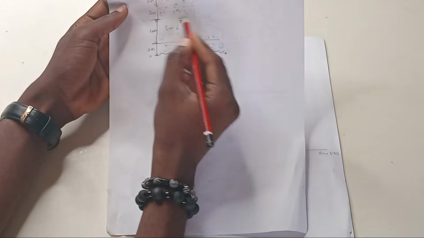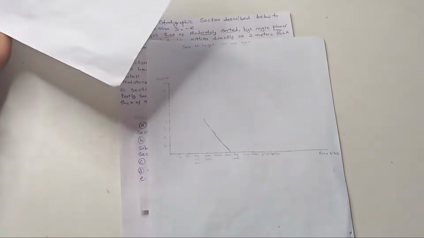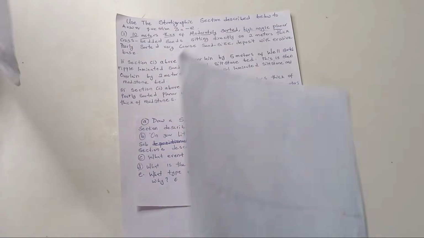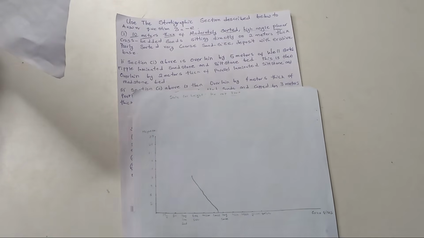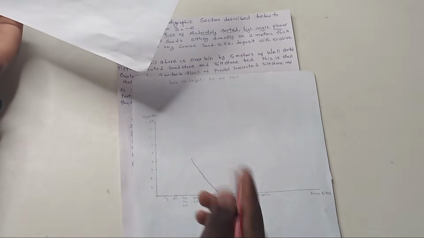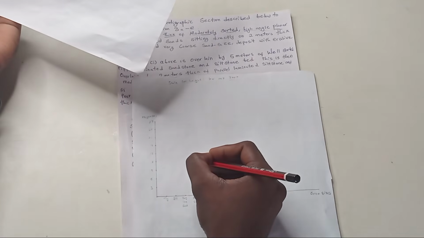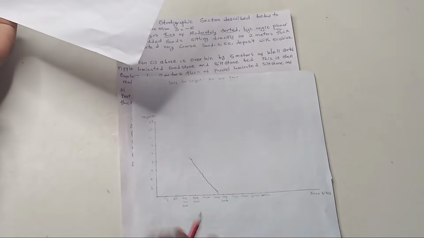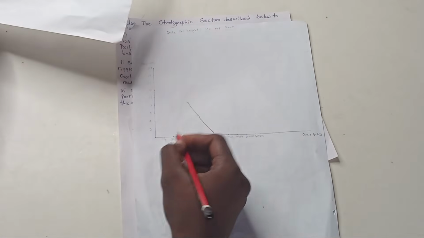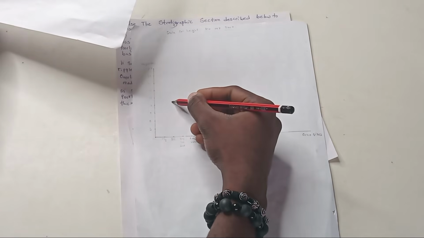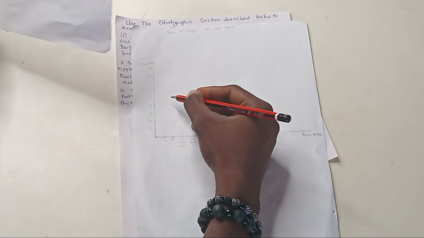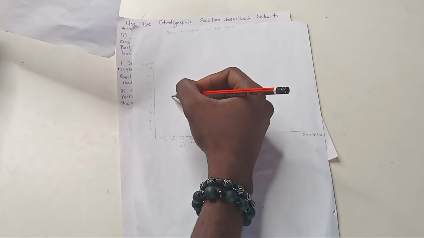Then after 12, we have 5. What is the next 5 meters? The next 5 meters has well sorted ripple laminated sandstone and siltstone. So I'm going to reduce further to the region of silt. This is where silt is, so it has sand and silt. 12 plus 5 is 17.